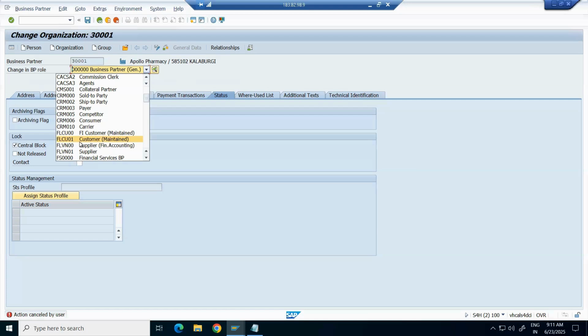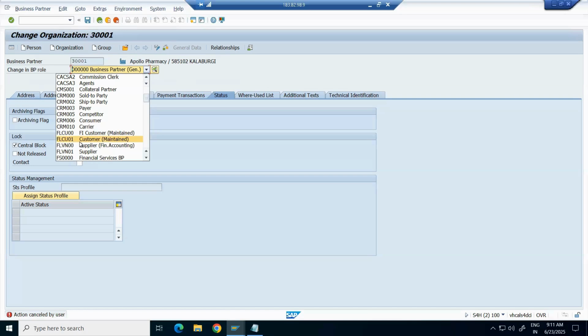Let me put it in a different way. In some cases, what happens, we need to pay some amount to a particular customer without doing any kind of transactions. That can be some kind of incentive, you can assume. So in that case, what happens? Some kind of incentive means some amount we are going to give to the customer.